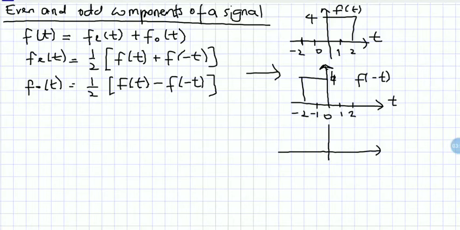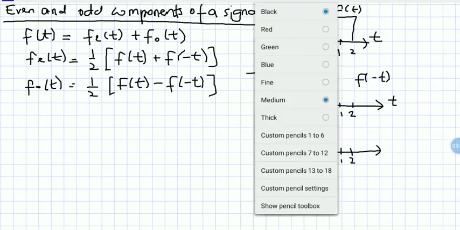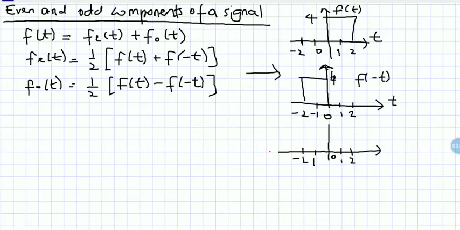If you see here, f(t) from the left, there's nothing there, 0. For f(-t), there's nothing. As we come from the left to the right, as it approaches the point t equals minus 2, the value is 0 here. So what you're going to have is 0 until the point minus 2.